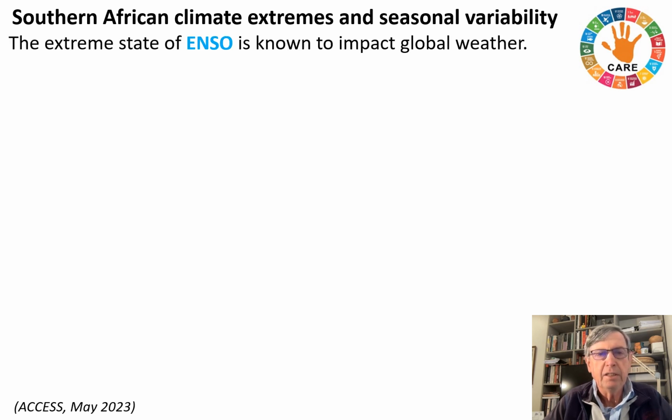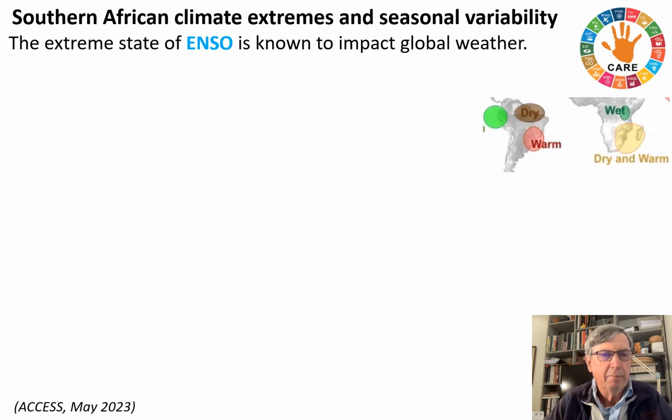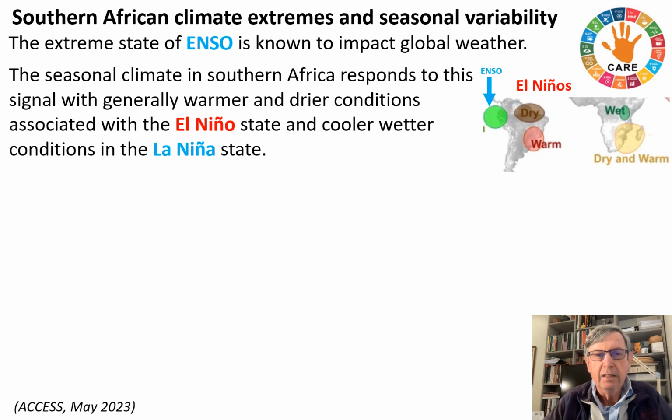climate extremes and seasonal variability is that the extreme states of the El Nino Southern Oscillation are now known to impact global weather. And here we've got the ENSO process of the El Nino, and you can see that dry and warm weather in Southern Africa.